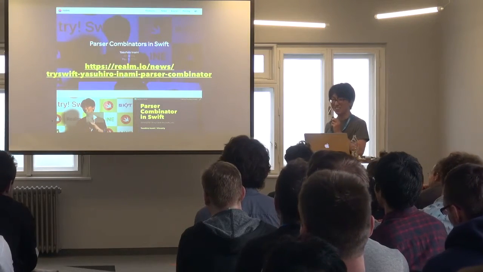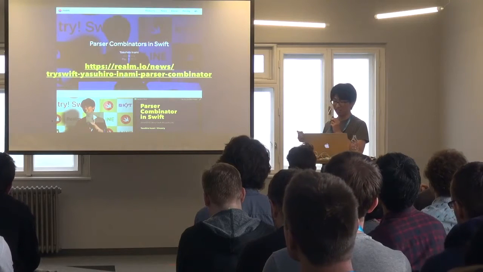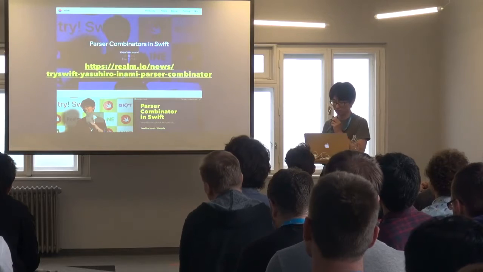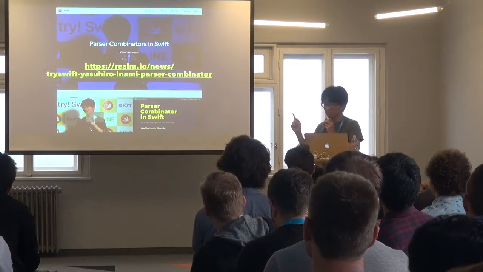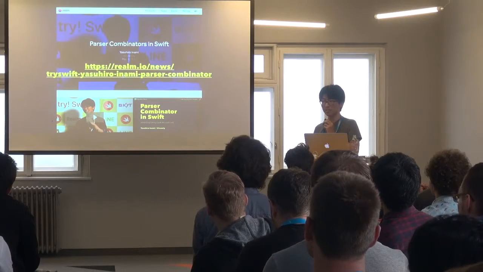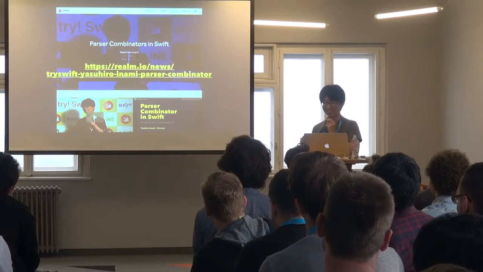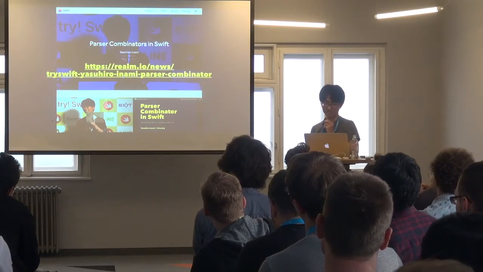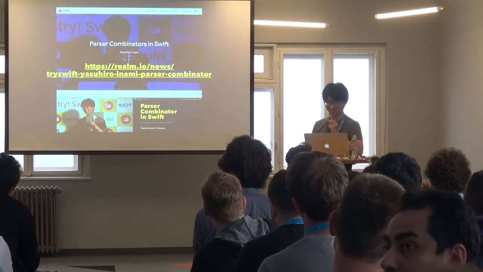No, I mean the parser combinator. This is a talk I gave in March at the TriSwift conference held in Tokyo, as Chris just mentioned. If you missed it, the video is available at the Realm's website, so please check it out. Also, Chris, right there, also talks about it in Swift Talk on objc.io. So I definitely recommend watching it as well.